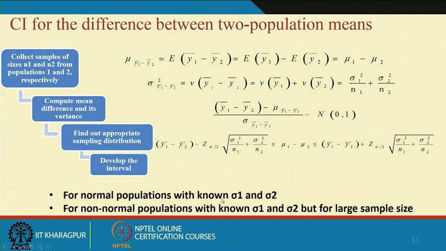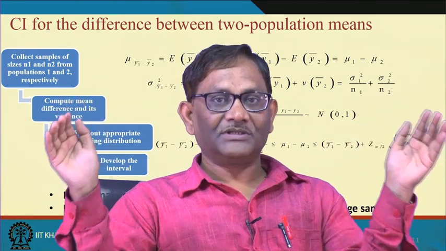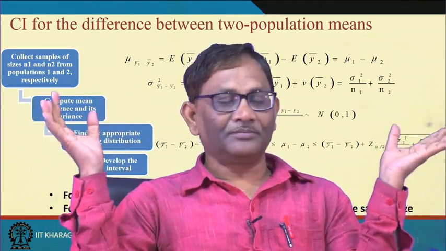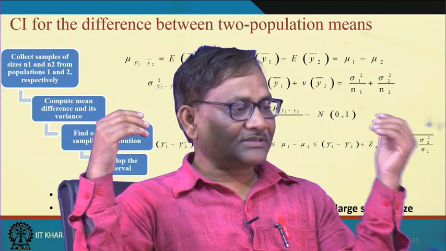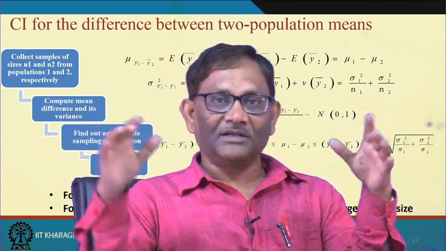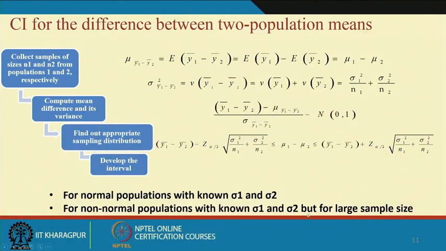It is for normal population with known sigma1, sigma2, and for non-normal population with known sigma1, sigma2 but for large sample size. You use this formula for computation of confidence interval for difference between two population means for all normal populations when the variances sigma1 and sigma2 are known, and for all other populations when the standard deviations are known and a large sample size has been taken into consideration.